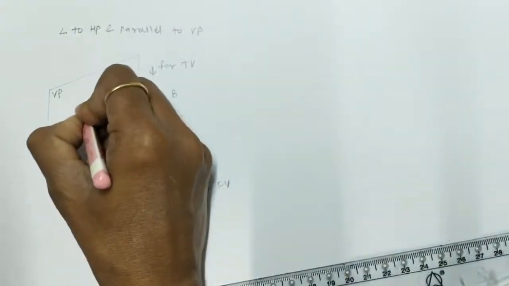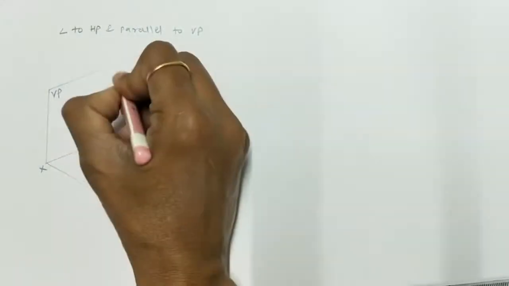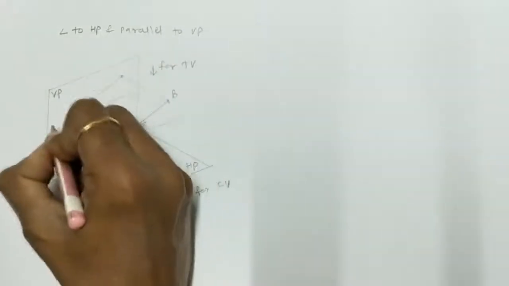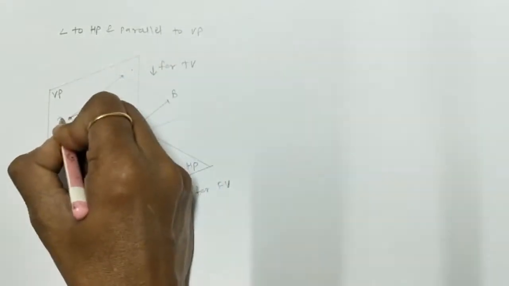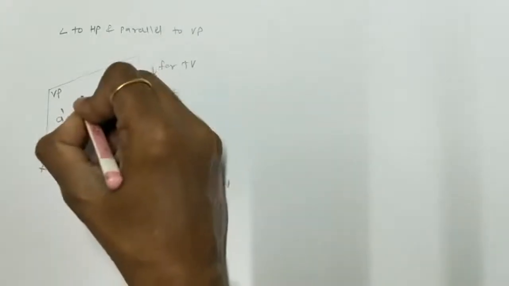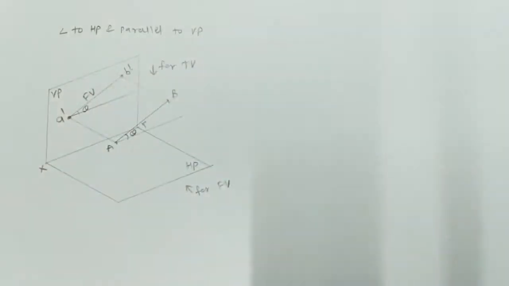So this is the angle theta, the inclination angle, and this is the line. Give the names of these 2 points as A dash and B dash, as we give dash names in front view. So this is the front view.